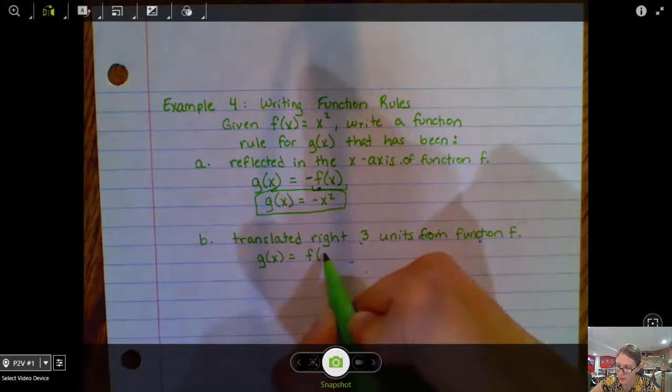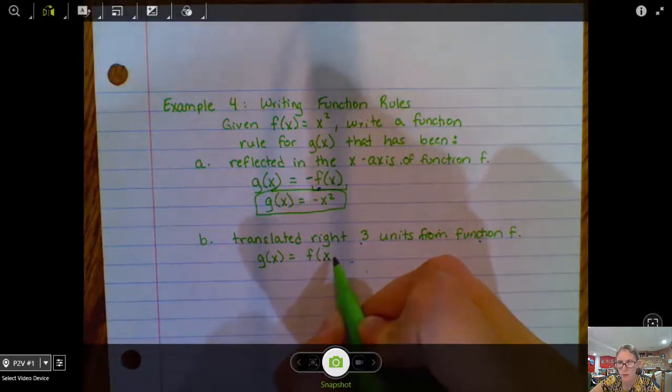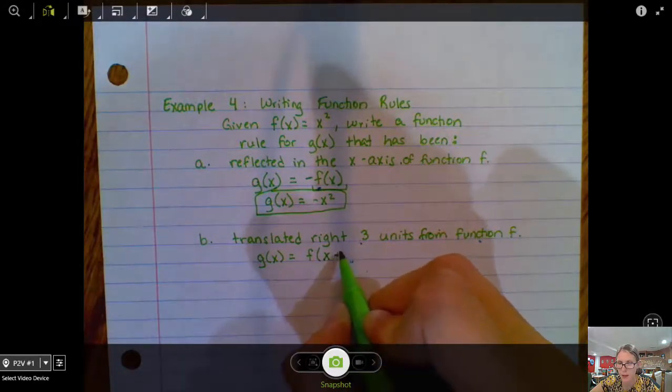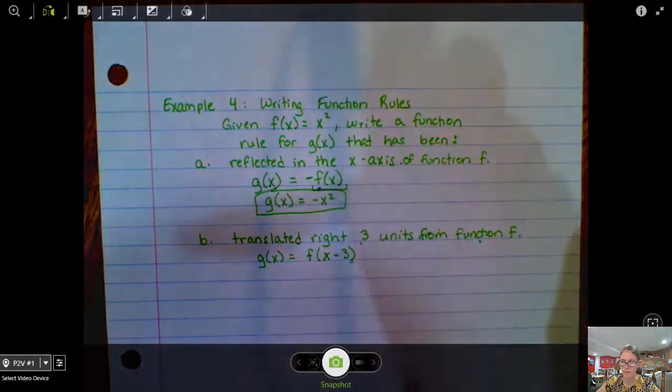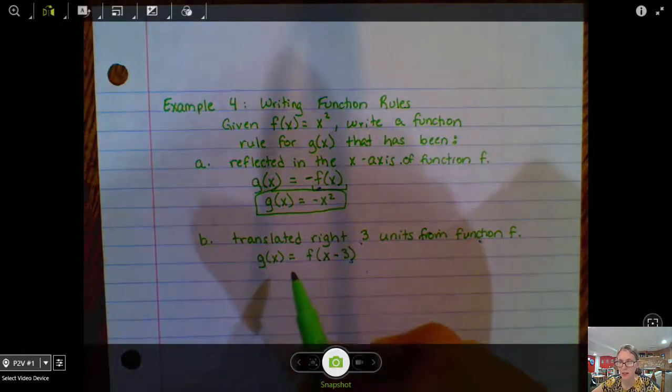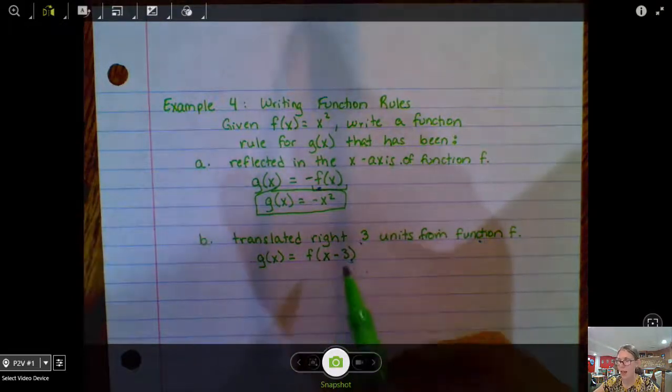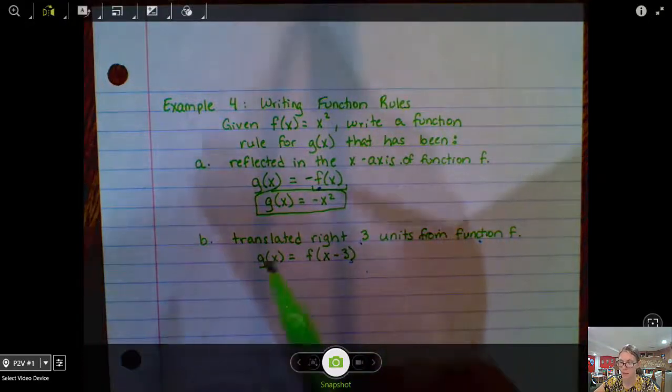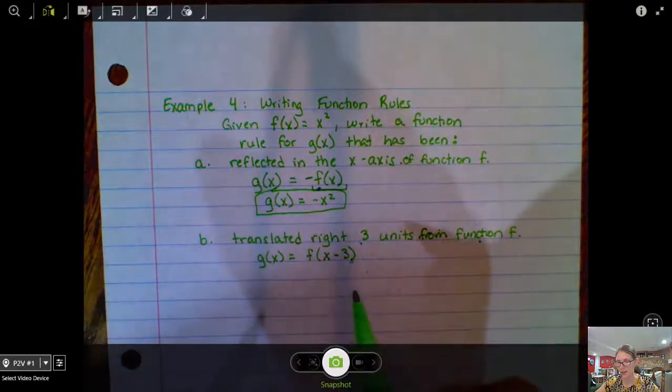Translated right 3. Well, right means we have to have the opposite of what we think. It's going to be minus 3. So g of x is really f of x minus 3. That minus 3 is inside.